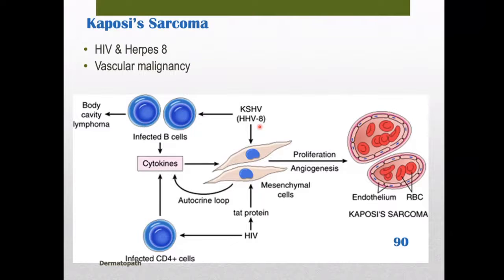So it's written here. As I said in the morning, this is a vascular region because there is a proliferation of vessels here, as you see. So what happens? We have a virus here. It infects B lymphocytes, and therefore, if it infects B lymphocytes, it will cause body cavity lymphoma.